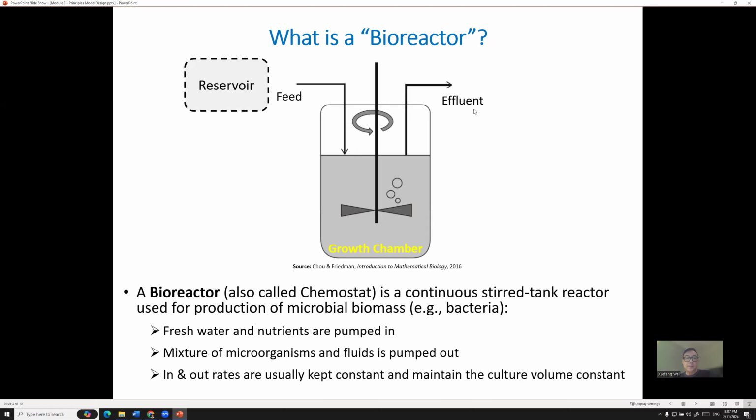Note that the in and out rates of the medium flow are kept constant, and they are regulated so that the culture volume inside the chamber is kept constant. This model here is a bacterial growth model.